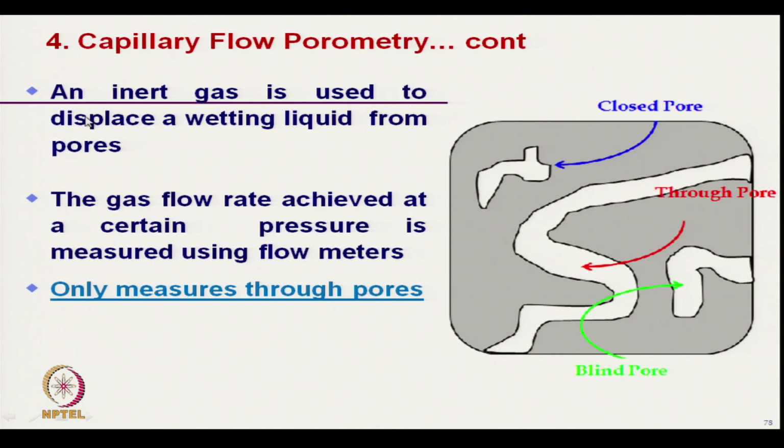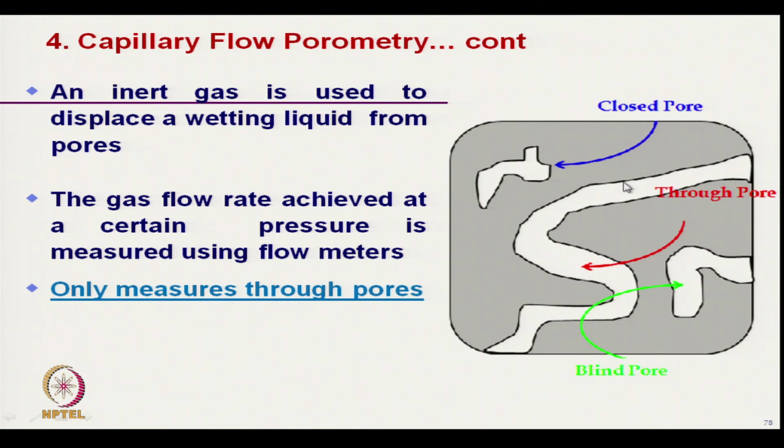The principle is that an inert gas is used to displace the wetting liquid from the pores. The gas flow rate achieved at certain pressure is measured using flowmetry.